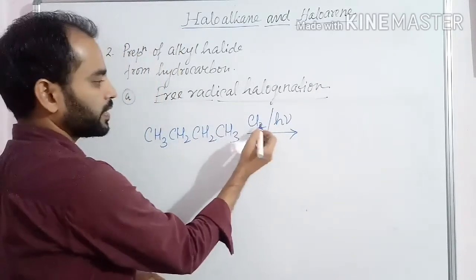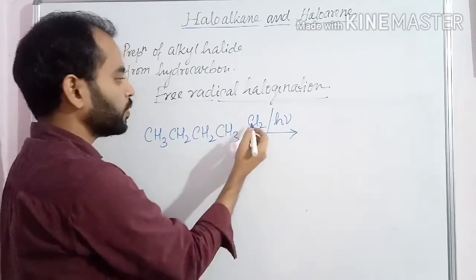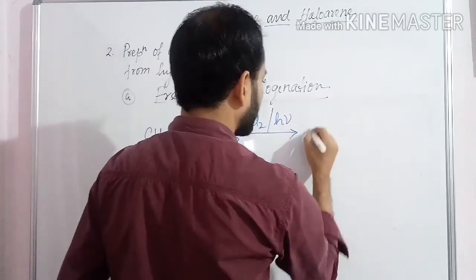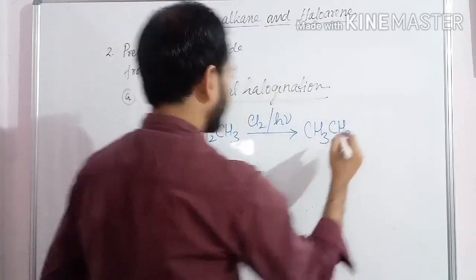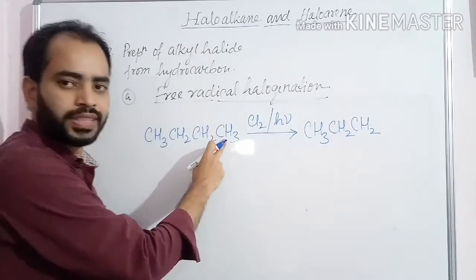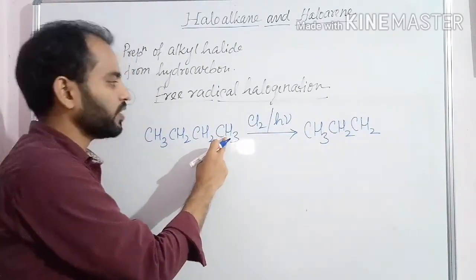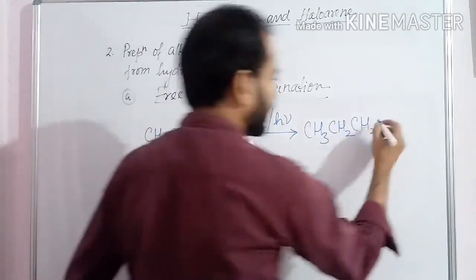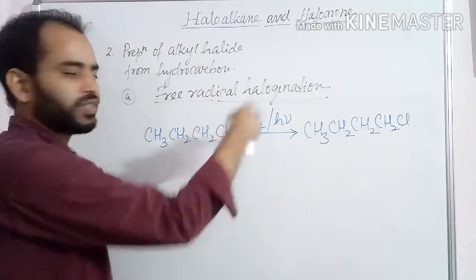Now you see, Cl, that is halogen, will replace one hydrogen from your butane. If one of the hydrogens from this CH3 is replaced by Cl, we get CH2Cl and HCl is released.